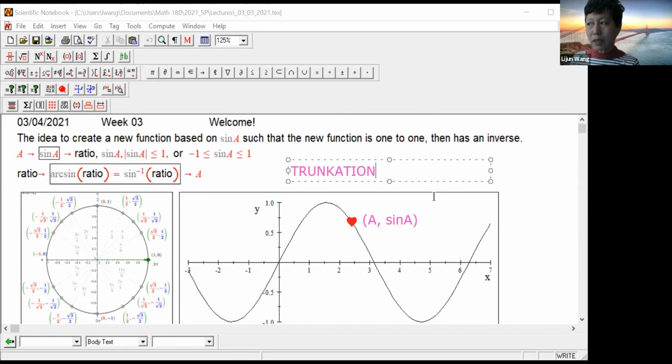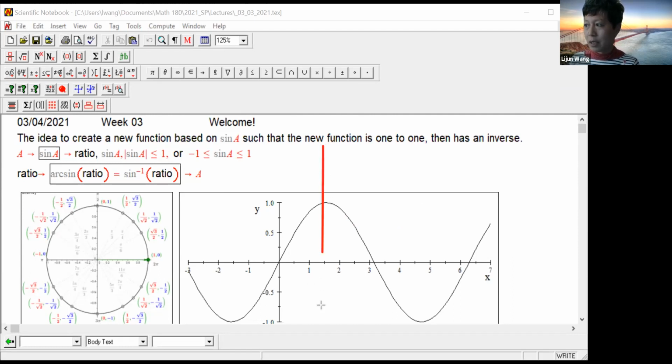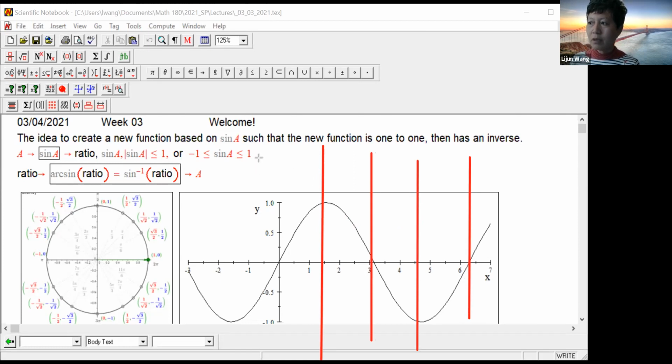So how do we truncate this to get a one-to-one function? We know that for a function, it passes the vertical line test, right? You draw the line, it is going to pass the curve only once. Any vertical line you draw, you cross the curve at exactly one point or no point.